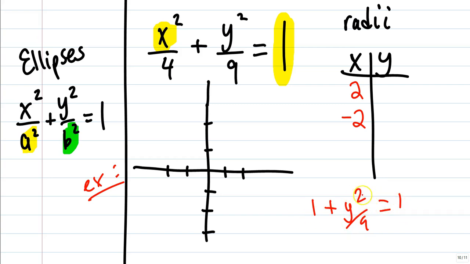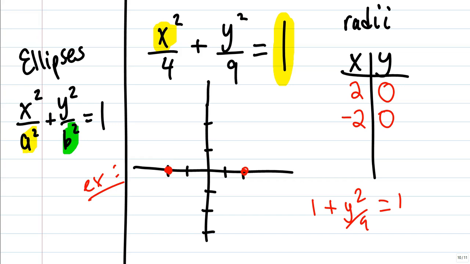Well, this whole thing has to be a 0. So if x is 2 or -2, then y must be a 0. Why? Because whatever makes this 1 must also make this 0, so that 1 plus 0 is 1. Well, we've got 2 points there. We've got 2, 0, and we've got -2, 0.